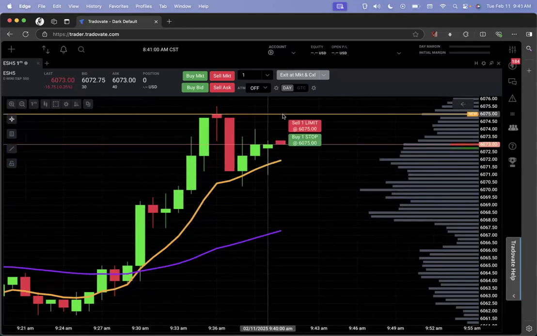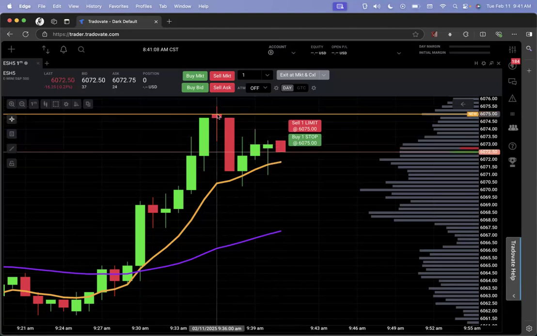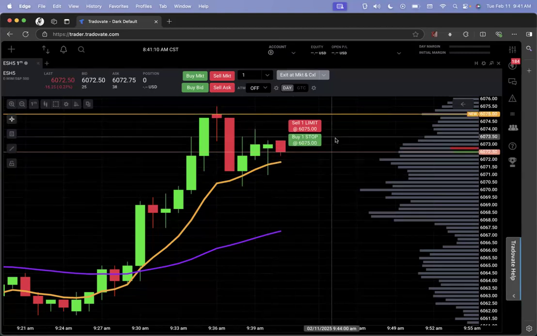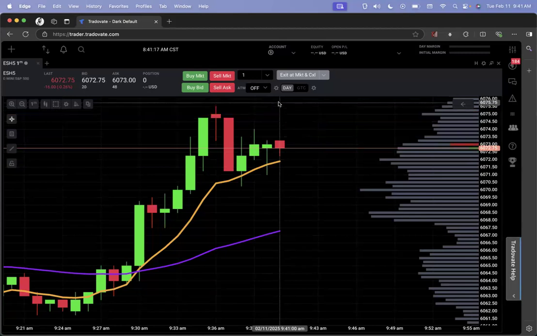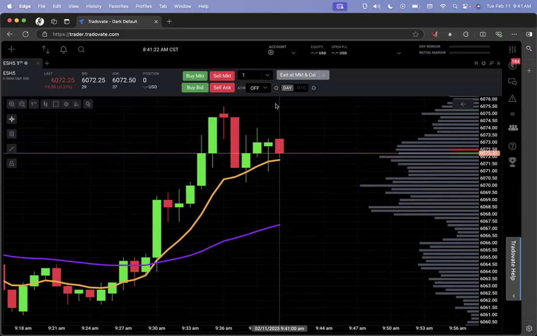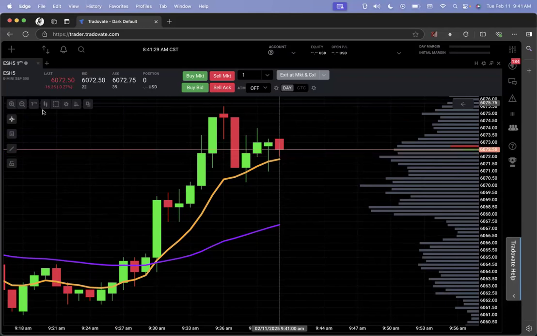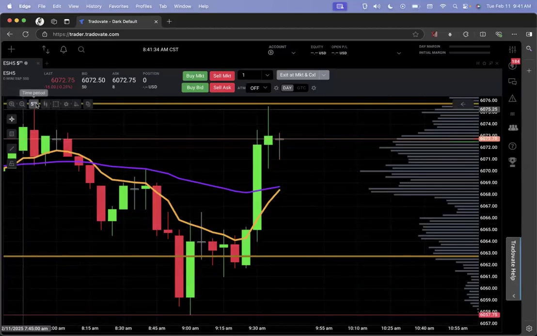So 60.75 is right here. That looks like what could be the high on this. If we get back up here, it would be a good idea to take a sell, put in the stop loss, maybe 2 points up, 60.77. Okay. We just want to see if the market is going to really break the trend and go to the upside or not. Because if it doesn't, there's a lot of room to the downside.